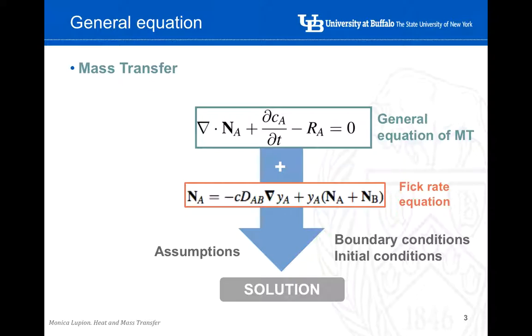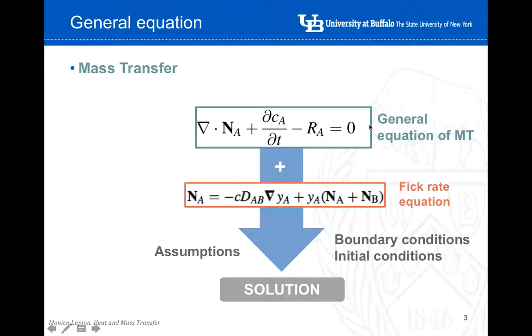If you remember from the previous lecture, in general, we can formulate two different equations. This one in green is the general equation of mass transfer. So the gradient of the molar flux plus the variation of the concentration with time minus the reduction of the element A due to the chemical reactions is equal to 0.